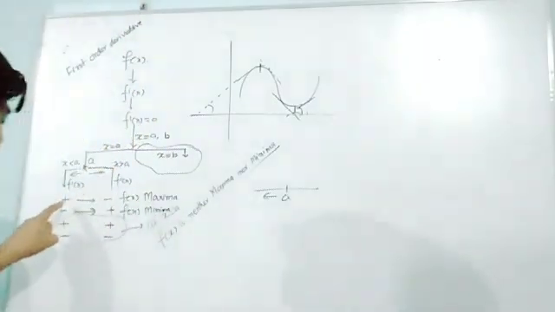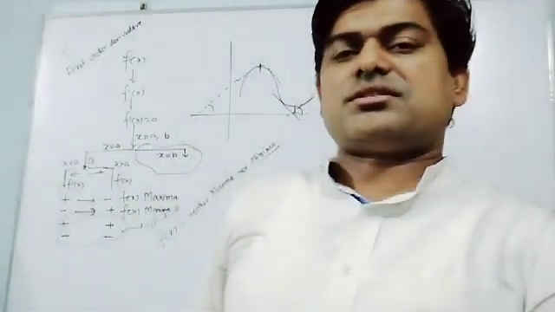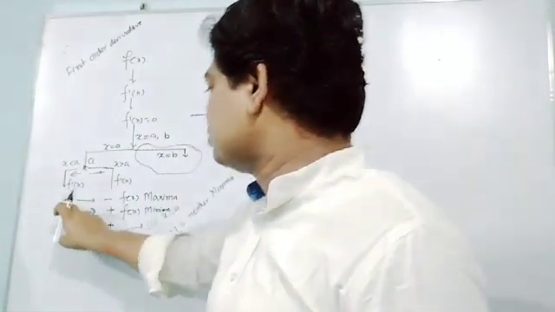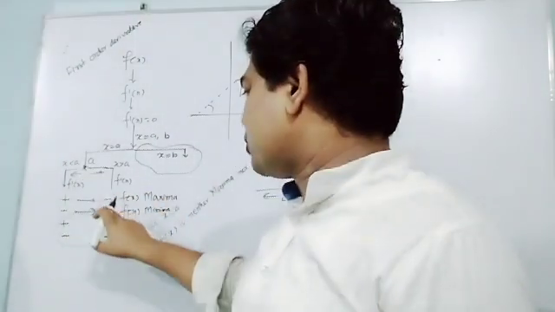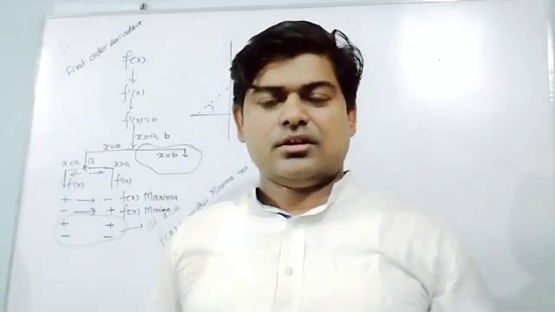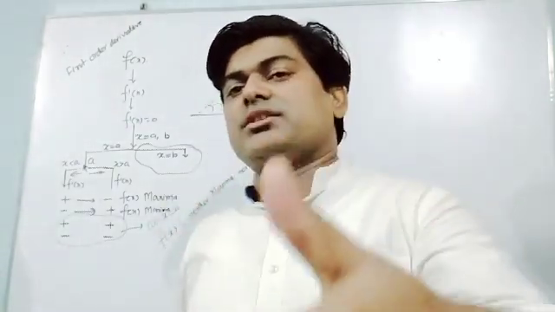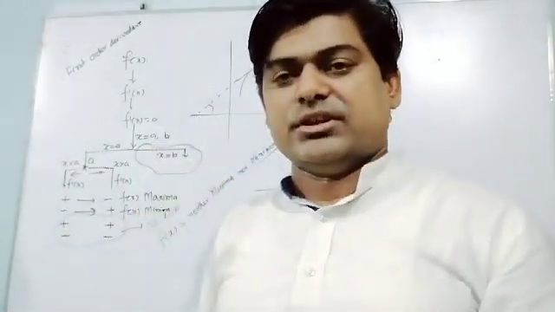So what changes? The change of f'(x) from positive to negative, it is maxima, and from negative to positive, it is minima. I think very clearly I discussed all these things. If you are having any doubt, please go through the same videos again, and hope you will get all these things.